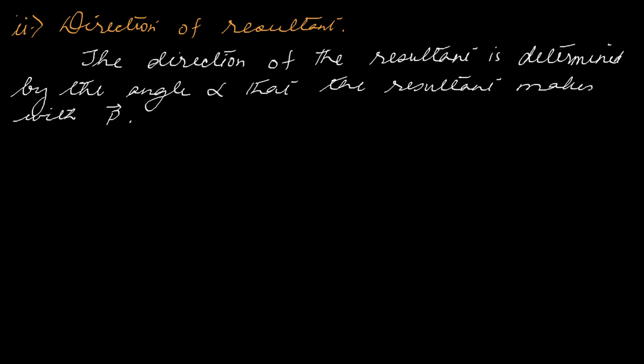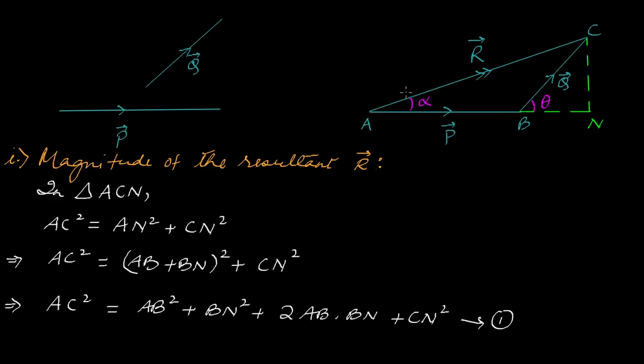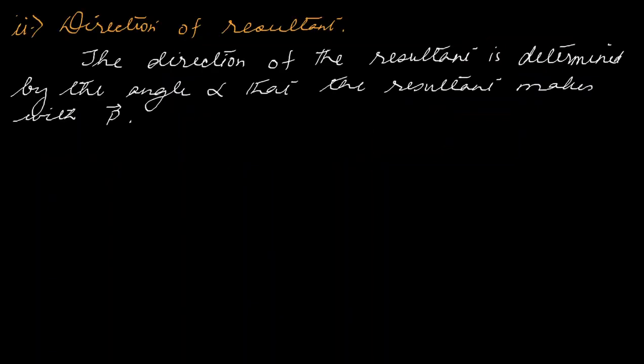So in this diagram, once again, let us take tan of alpha. Tan of alpha will be what? Perpendicular by base, so that will be CN by AN. Got it? So tan alpha is CN by AN.